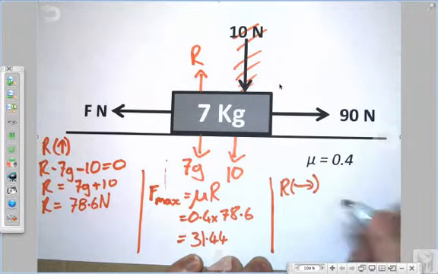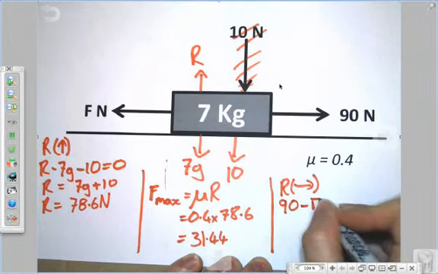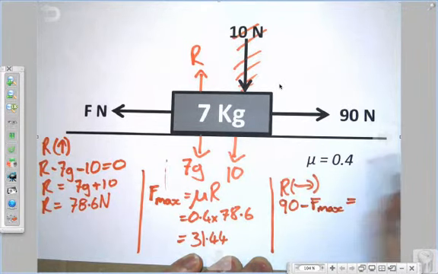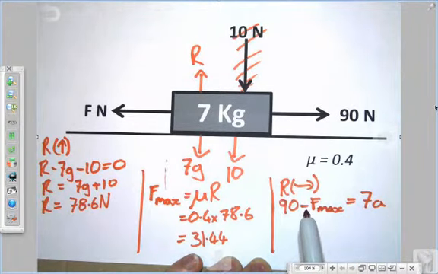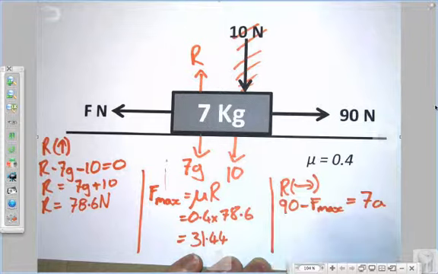So what that gives us is 90 minus F max equals 7a. Now a lot of people get confused because they've used 7g over here. They sometimes put a g in here. This is mass times acceleration. That one is a force, so it's a weight. So that's why one has a g and the other doesn't.